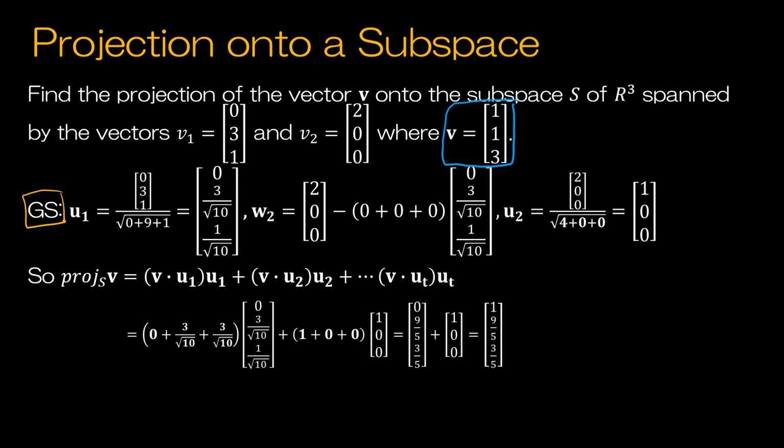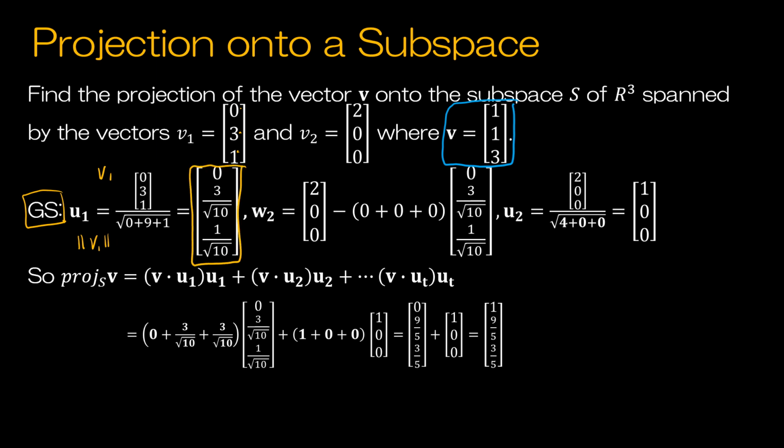So the Gram-Schmidt process, if you'll recall, says take V1 and divide it by the length of V1. And this is the alternate form, just to make it easier. So this is V1, and this is the length of V1, 0 squared plus 3 squared plus 1 squared. So that's the easy part. This is U1.